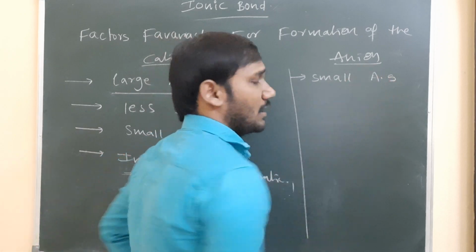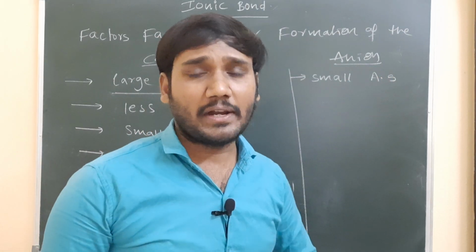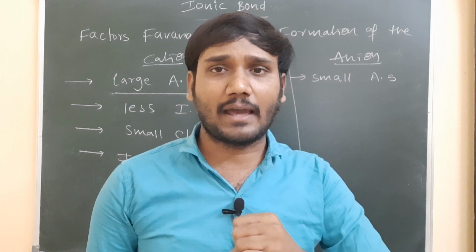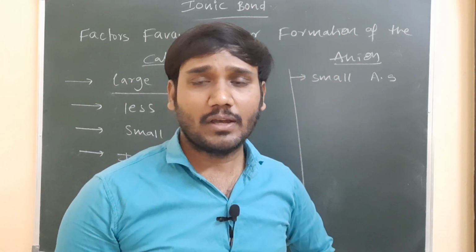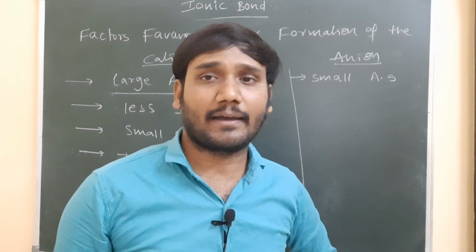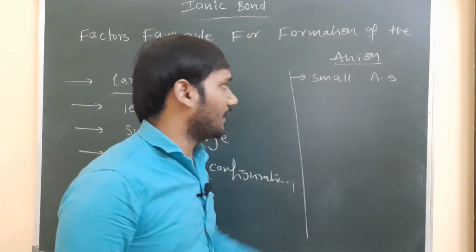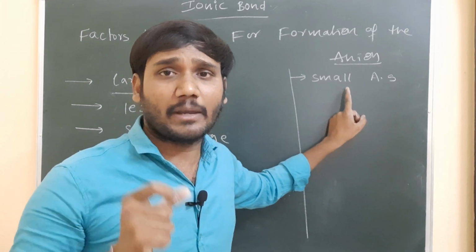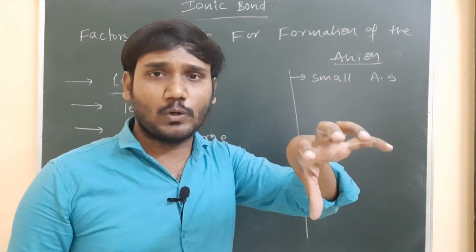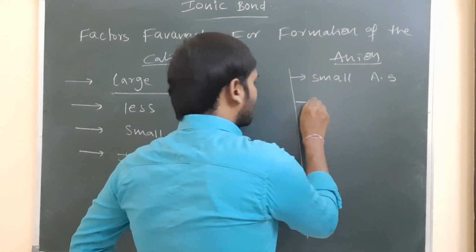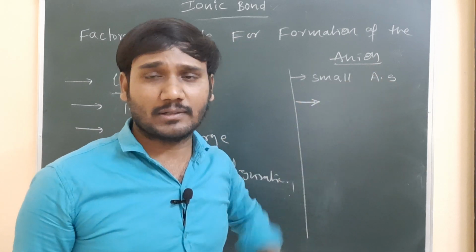An anion is formed when an element accepts an electron. So an anion is nothing but a species that is ready to accept an electron. When will it accept the electron? When the size is small. When the size is small, the nucleus attraction capacity is more, and the nucleus attracts the electron very strongly. So small atomic size is favorable for the formation of the anion.